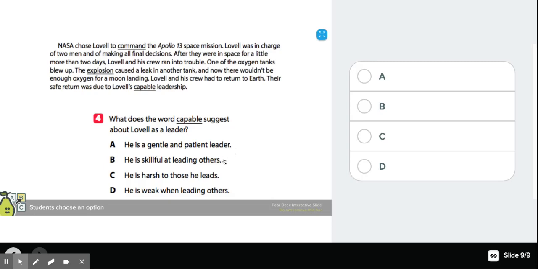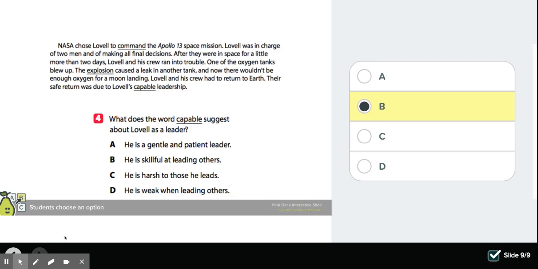He is skillful at leading others? He is harsh to those he leads, or he is weak when leading others? If Lovell was able to lead his crew back to Earth safely, then that probably means he was skillful or talented at it. So the answer is B. He is skillful at leading others.